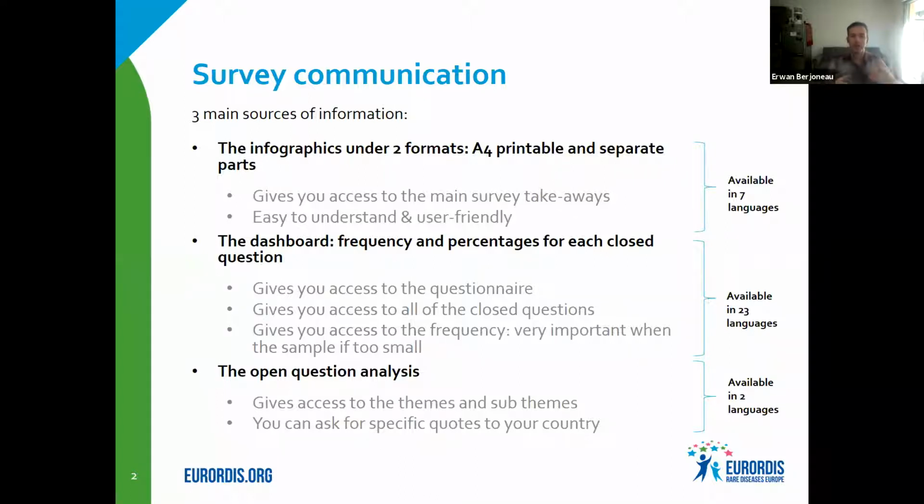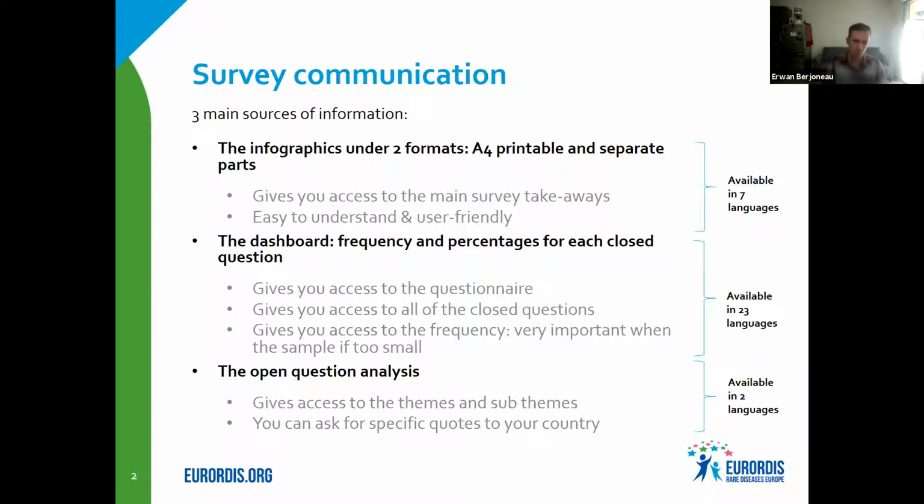And lastly, we're going to see the open question analysis. In this survey, we asked 2 main open questions about the positive experience that rare disease people had with this crisis, and the negative experience. We've read all of the answers that people had to these open questions.